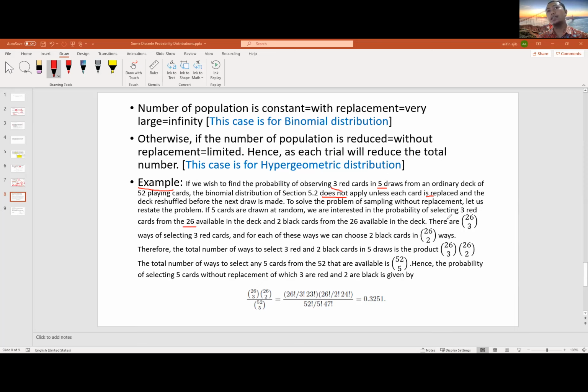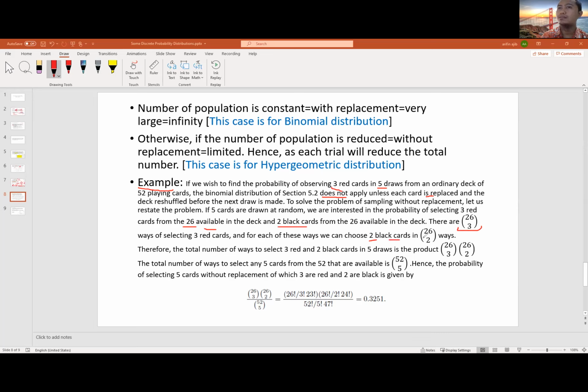The red cards number 26, only half of 52. And the 2 black cards are from the other 26, the remainder. So we are selecting 3 from the combination of 26, and the second is taking 2 from the combination of 26 as well, the black component.